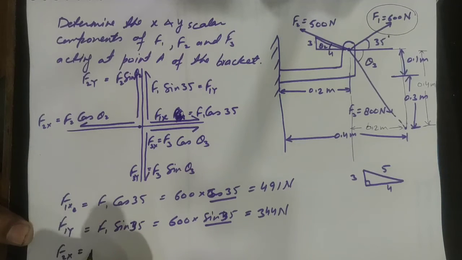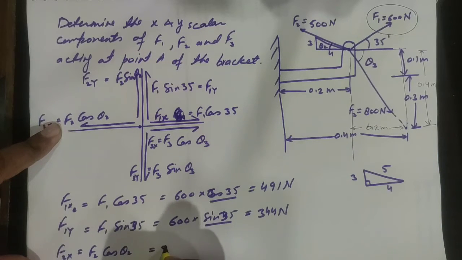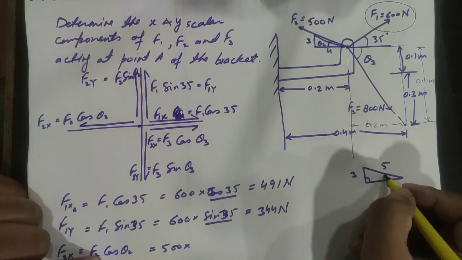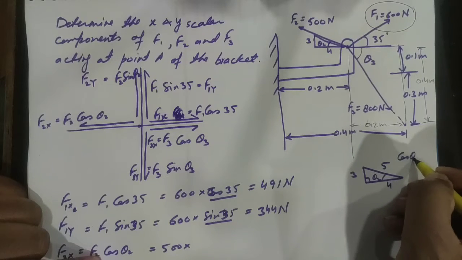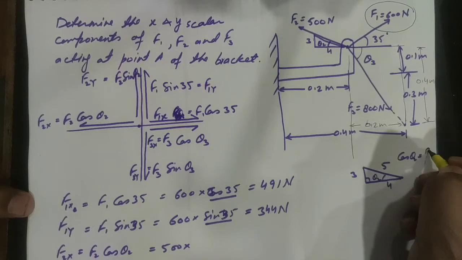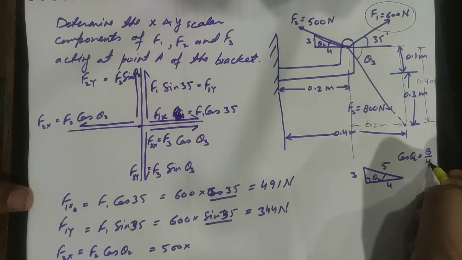So f2x is equal to f2 cos theta 2. The value of f2 is 500. What is the value of cos theta 2? This is theta 2. So cos theta 2 is equal to base upon hypotenuse.